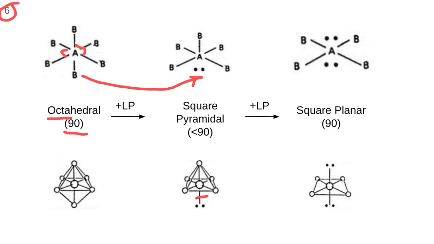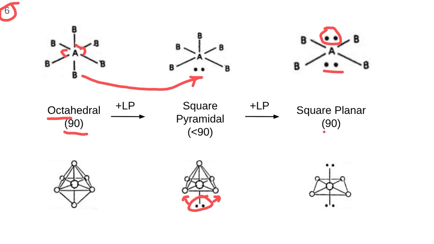And this lone pair, you're adding it so it becomes a pyramid, but its repulsive effects make sure that this isn't a flat shape. It's going to be slightly less than 90 because of that repulsive effect. But then it's important where you add the next lone pair, okay? You have to add it directly across from the first lone pair, because you're trying to minimize that repulsion.